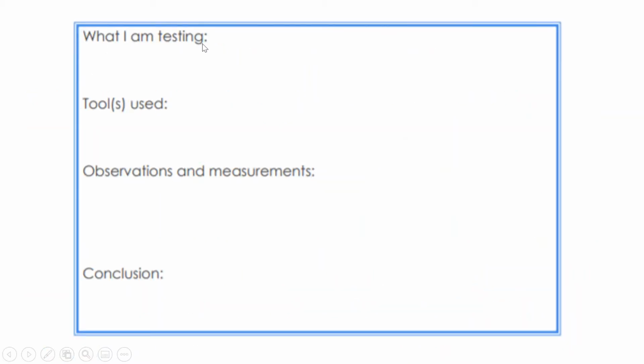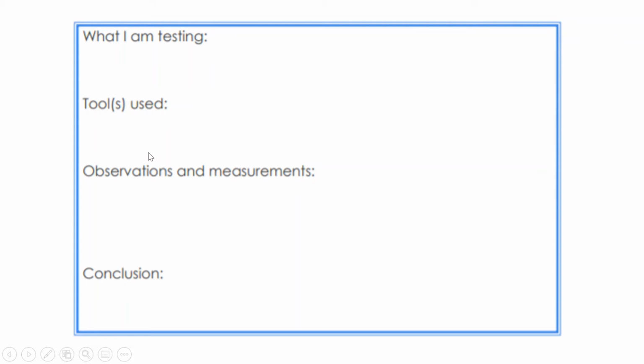What I am testing. So here's where you're going to write in what you're testing. Like if you're testing the length of the cabinet in my mom's kitchen. What tools are you going to need? Well, the length of the cabinet is bigger than 1 foot, so I'm probably not going to be using a ruler.